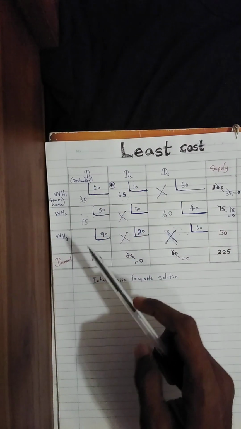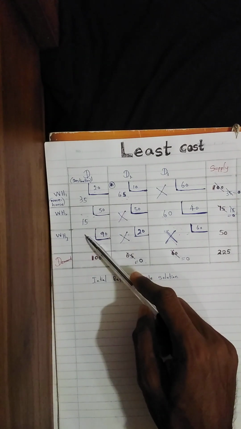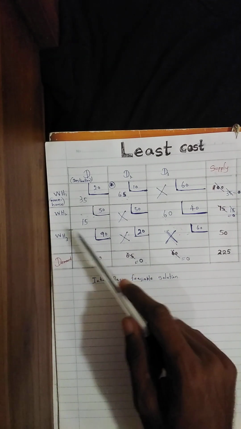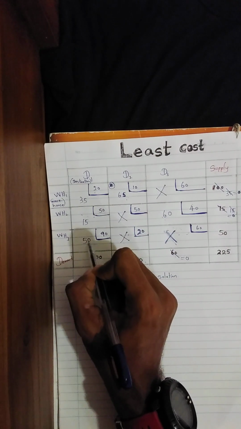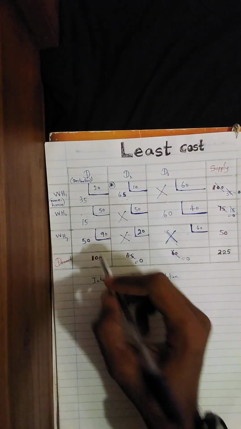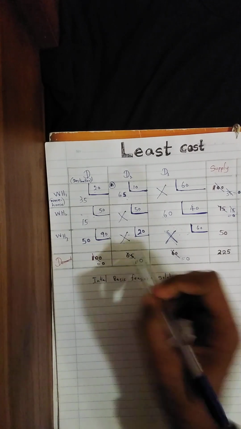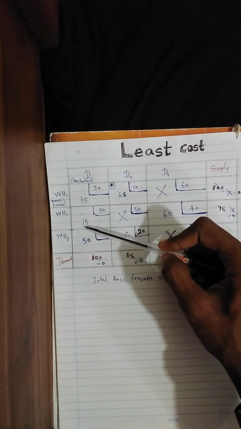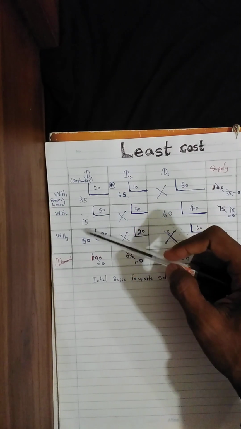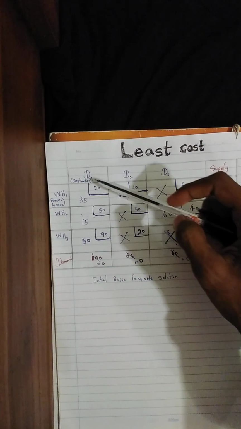Now we have to fulfill 50 demand, and that demand is fulfilled from warehouse 3. Therefore I'll put 50 here. 35 plus 15 is 50, 50 plus 50 is 100.